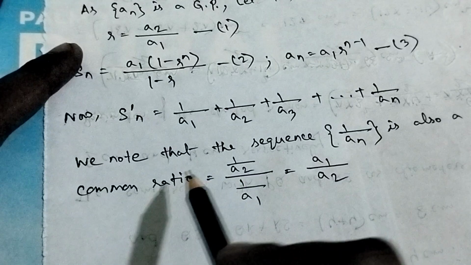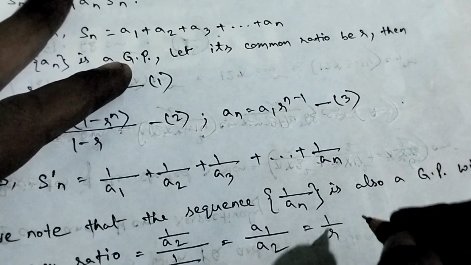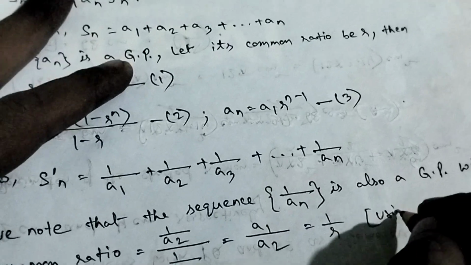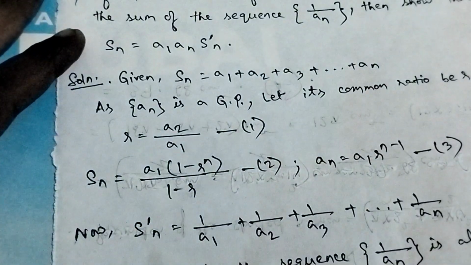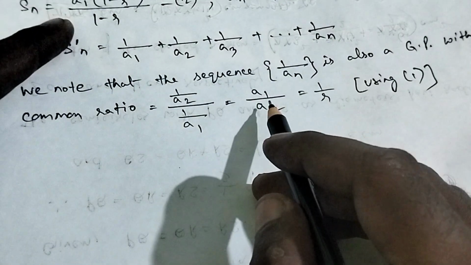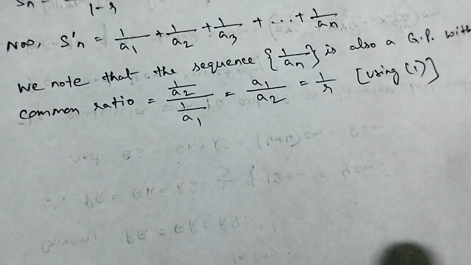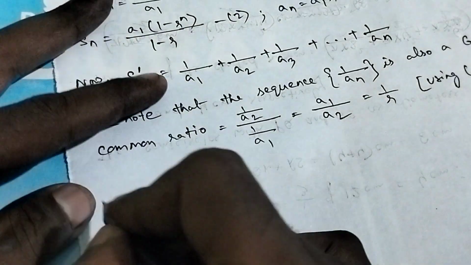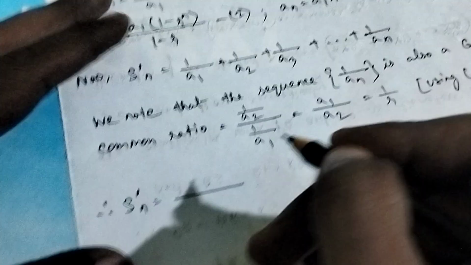In this case, the common ratio is A1 by A2. That means 1 by R, using 1. Okay, clear?